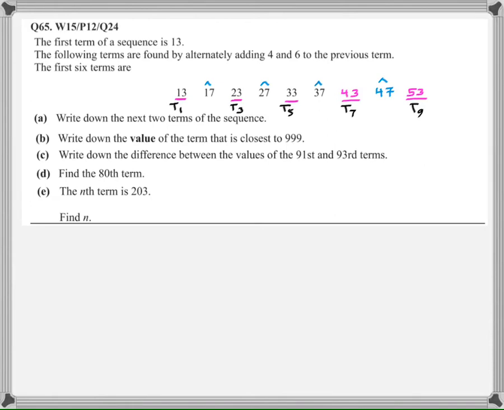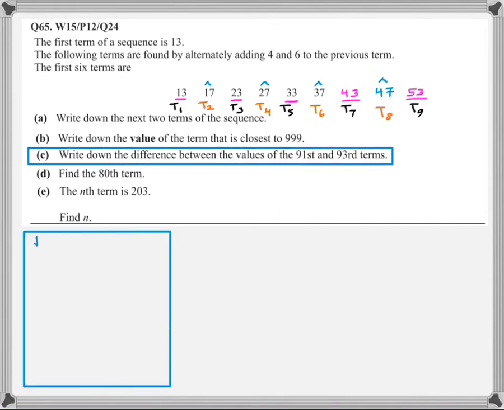So T1, T3, T3, T5, T5, T7, T7, T9, the difference is 10. Similarly, the difference between T2, T4, T4, T6, T6, T8, T8, T10 will also be 10. Now it says the difference between 91st and 93rd. This has to be 10. I'm just drawing on a pattern. The difference between T3 and T1 is 10.